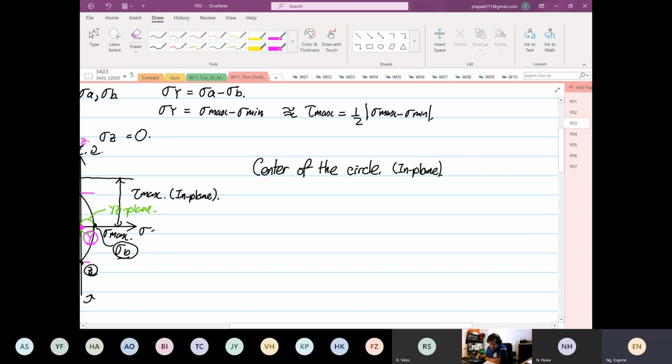So stress average is equal to stress X plus stress Z divided by 2. Stress X is equal to minus 2500 C minus 72,000 divided by, if we look at pi C cube, now it's going to be 2 pi C cube. That's your stress average. Then we're going to find the radius of the circle.